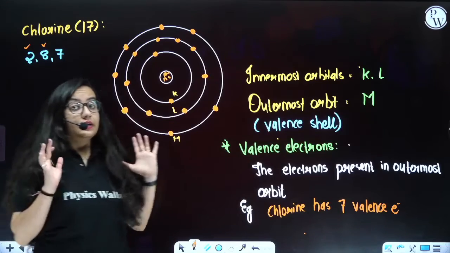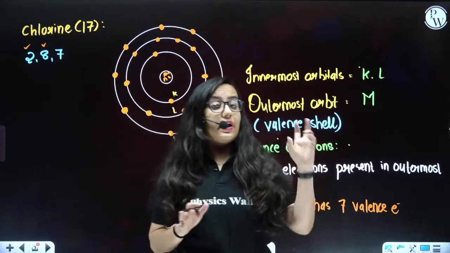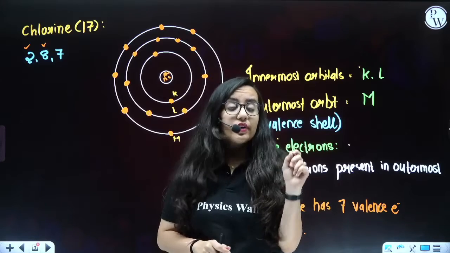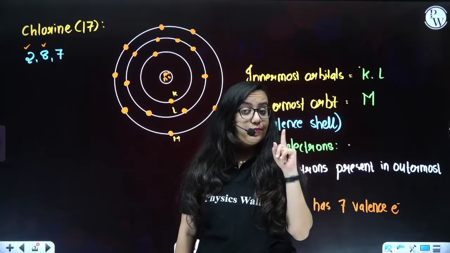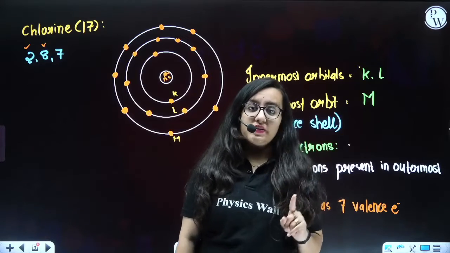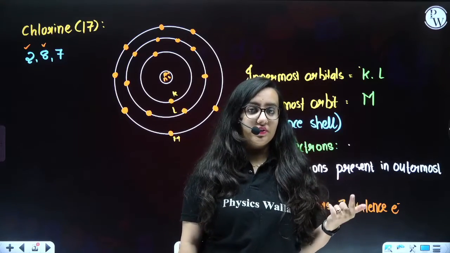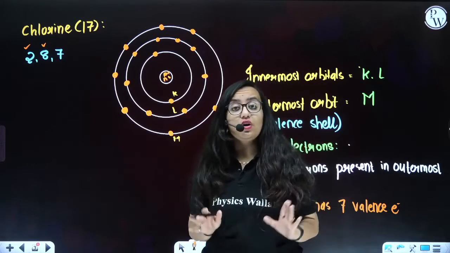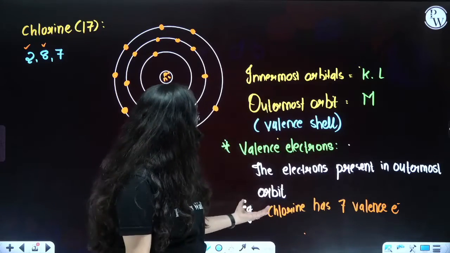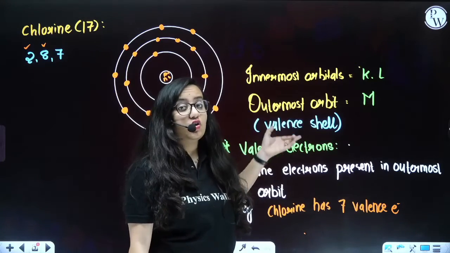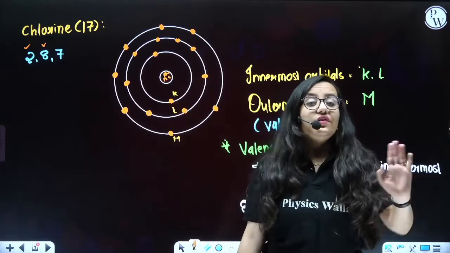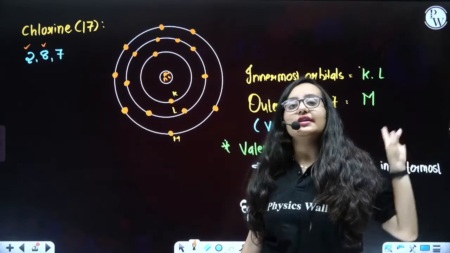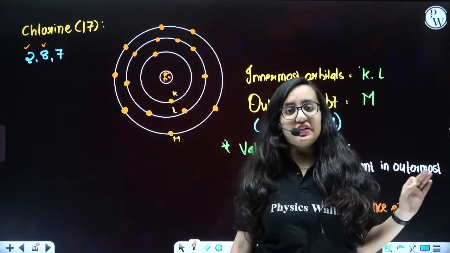See, till here I have just talked about valence shell and valence electrons. I am not talking about valency. That we will talk about further. So do not get confused between valency, valence shell and valence electrons. They are all different. Valency is not the number of valence electrons.